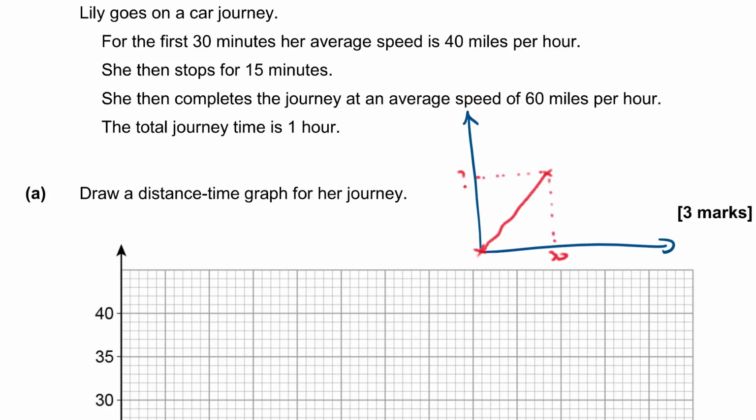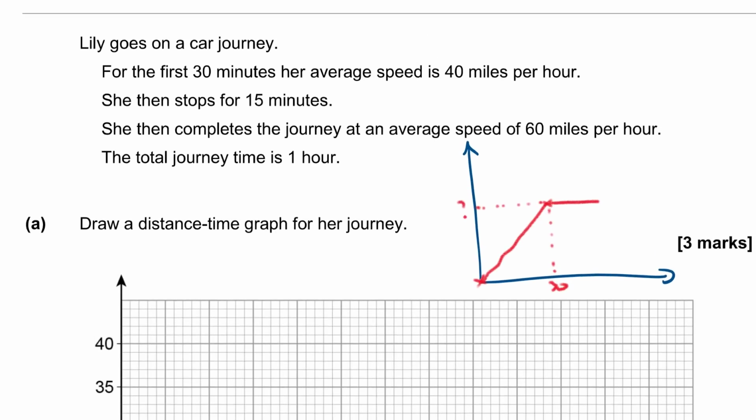Then she's going to be stationary for 15 minutes, and then she's going to continue on her journey at 60 miles an hour. So we're expecting a steeper section of the graph up here that terminates at a time of 60. So that one was 15 minutes, so that's at 45, isn't it?